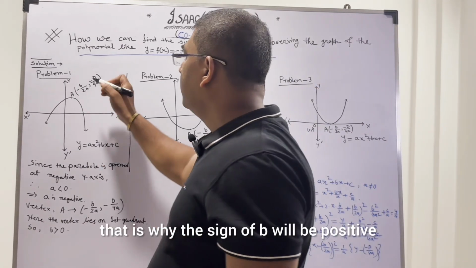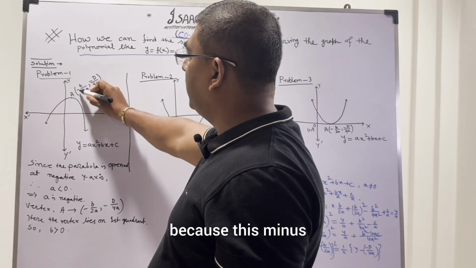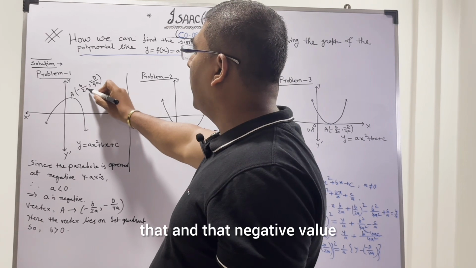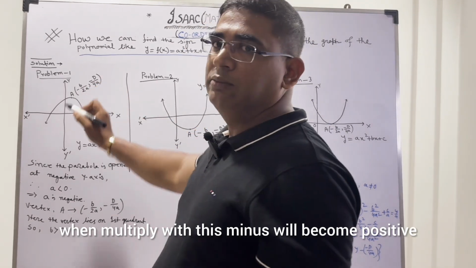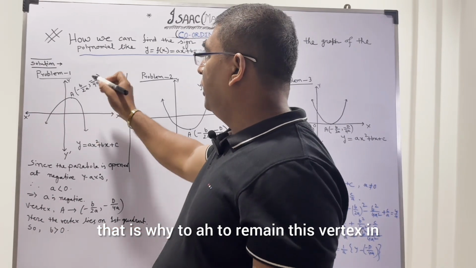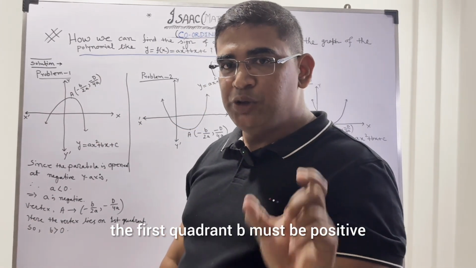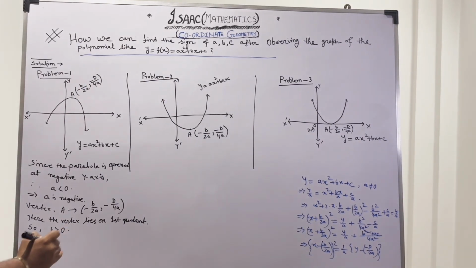That is why the sign of b will be positive, because this minus and a has a negative value, and that negative value when multiplied with this minus will become positive. That is why, to keep this vertex in the first quadrant, b must be positive. That is why b is greater than 0.